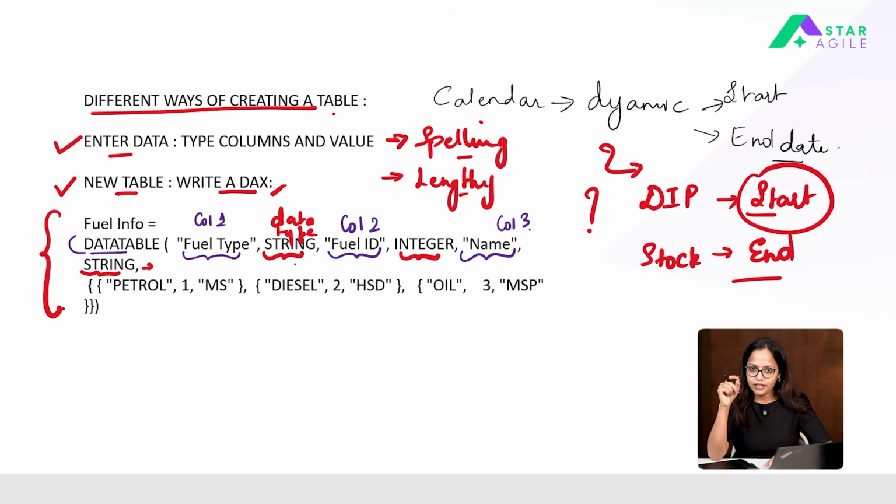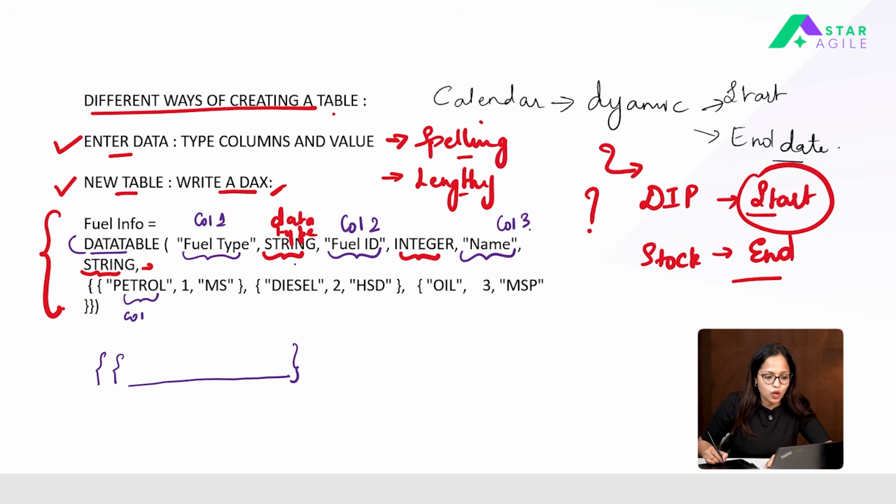So make sure that you choose the right data type, after which you have two curly braces. Every curly brace basically acts like a row. Here, as we have 3 columns, you have provided 3 values. So petrol belongs to column 1, which is the fuel type. 1 is nothing but the fuel ID, that is column 2, and your MS is nothing but column 3, which is the name of the fuel.